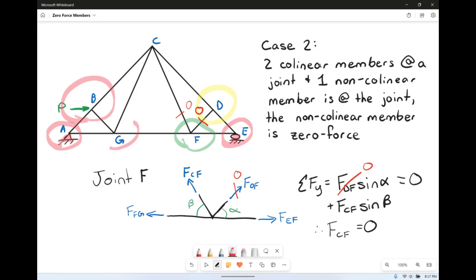If you look at joint G, you actually have 1, 2, 3, 4 members, so it's 2 collinear and 2 non-collinear, so that doesn't work. And C, whereas technically one of those is gone, we have 1, 2, 3 members, and none of those are matching up our cases. So those are the only zero force members that we have in our second truss.